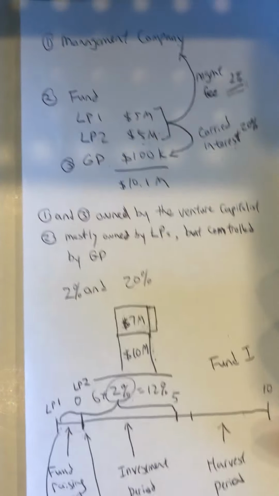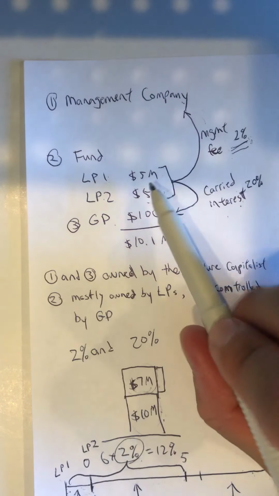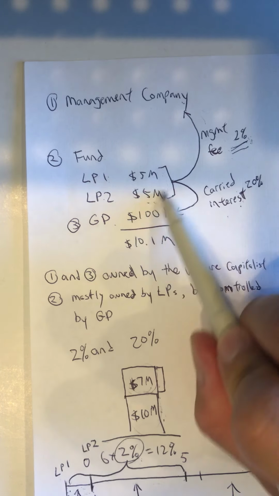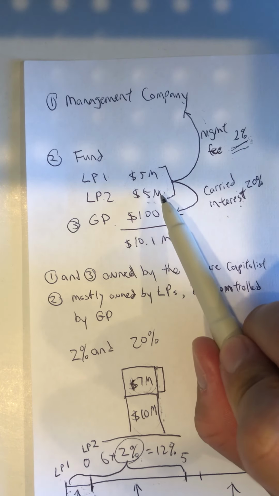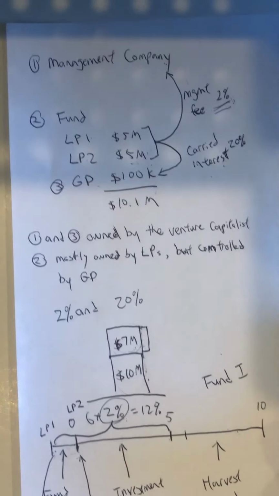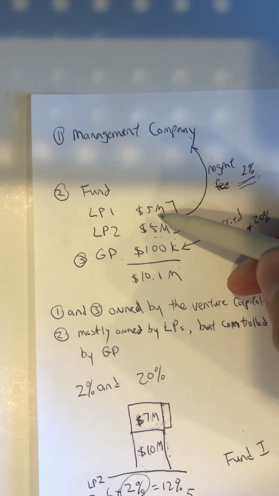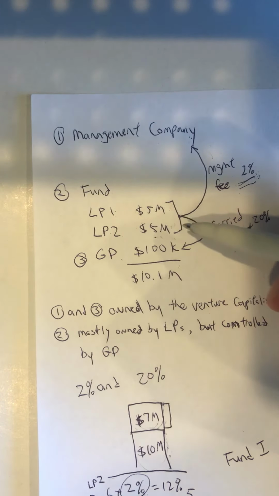Now, let me explain. In this example we have $5 million and $5 million, so we have $10 million of investor money. Let's say we are in year 5 or 6 around here, and all of this money has been called. Now, can we put all $10 million into investments?